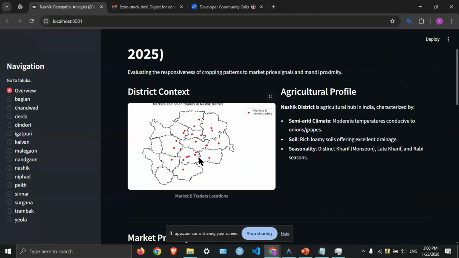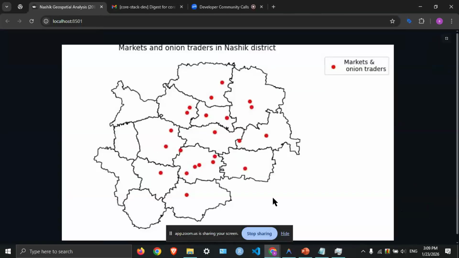But take Niphad, the taluka at the center point: along with the mandi, different traders are active here, so their information is also there. We can see the different mandis and all the trader locations together. Most of these are concentrated in the central and eastern part of Nashik.